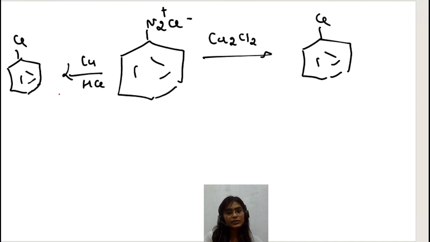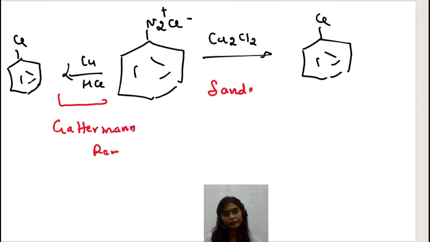But this reaction is known as the Gattermann reaction, and this one is known as the Sandmeyer reaction. This is the difference. Yes, it's very much important that here you're using a copper salt and here we're using only copper. That's it. This is all for the preparation of haloarenes. Any problem with the theory, please ask.